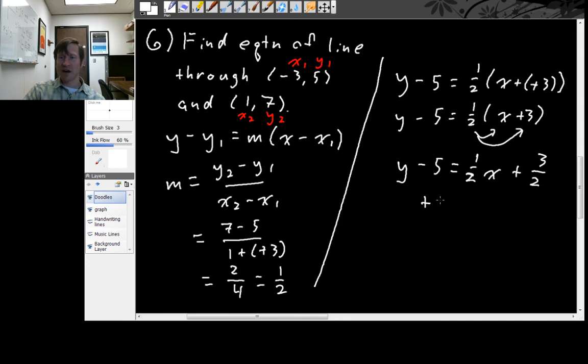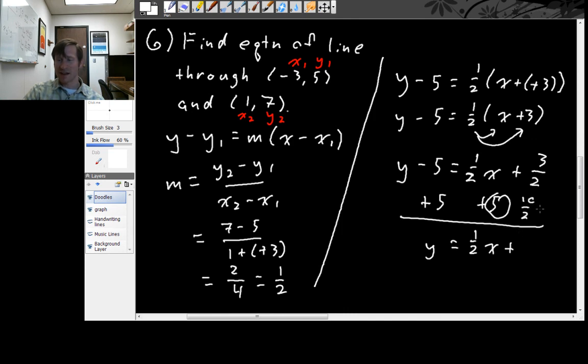Now we can add 5 to both sides, and we get y equals 1/2 x plus 3/2 plus 5. 5 is equal to 10/2. So 3/2 plus 10/2 is 13/2. So there's the equation of the line.